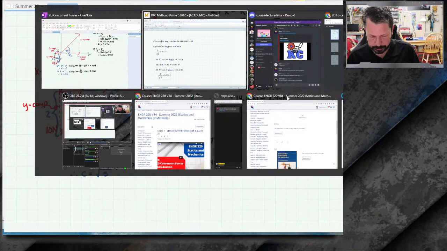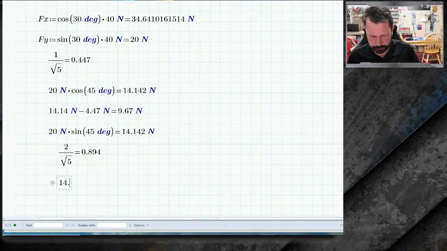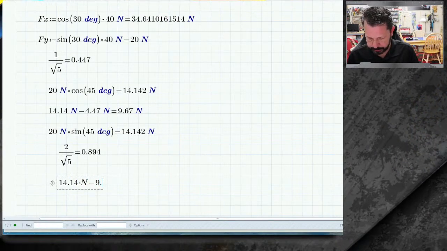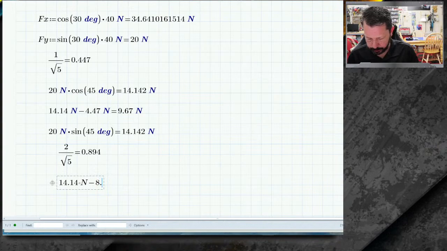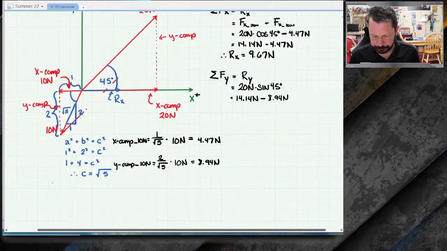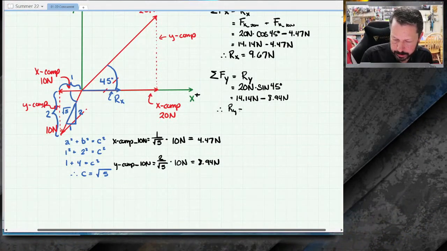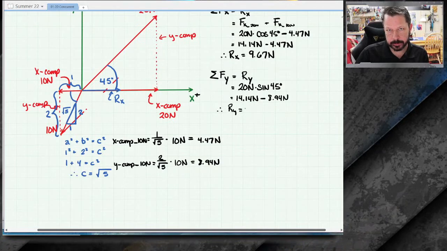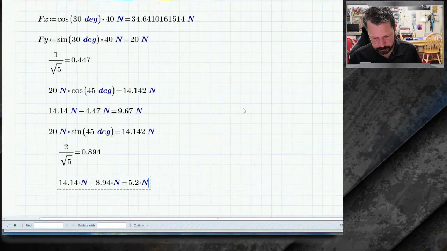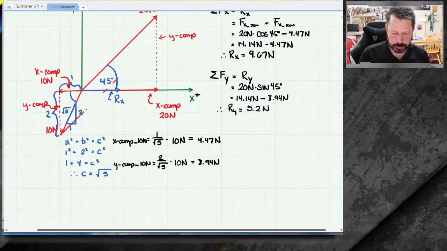So what are these equal? 14.14 newtons minus 8.94 newtons, 5.2 newtons. So therefore Ry is positive, since the 14 is greater than the 8.9, and I've already forgotten the number, 5.2 newtons.